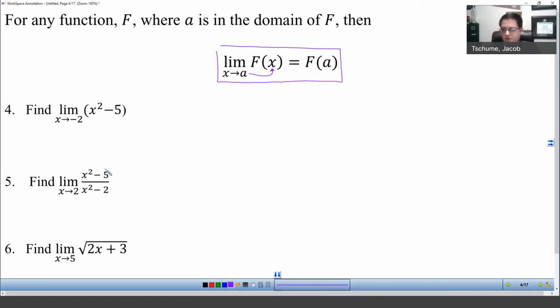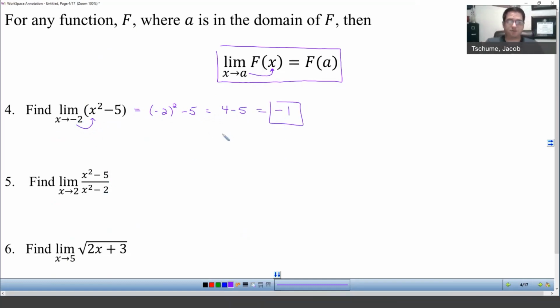So I picked out about 3 examples here of where you can see this. Number 4, the limit as x approaches negative 2 of x squared minus 5. If I plug the negative 2 into this problem, that would be negative 2 squared minus 5, and you can either do this by hand or use your calculator. This is 4 minus 5, which is negative 1.